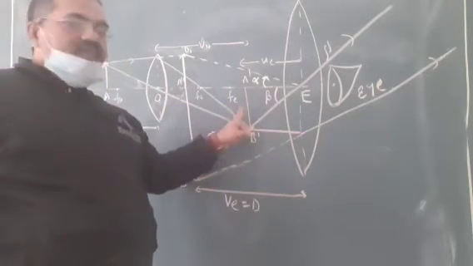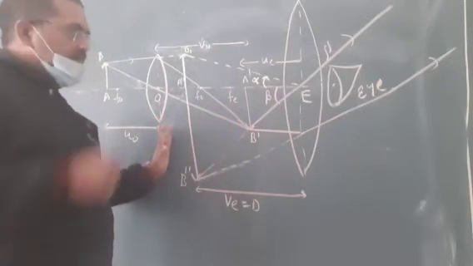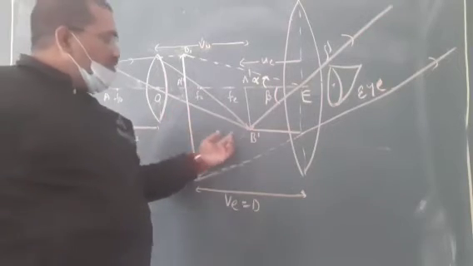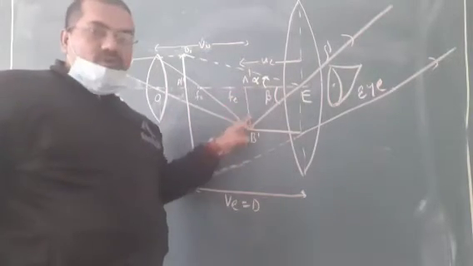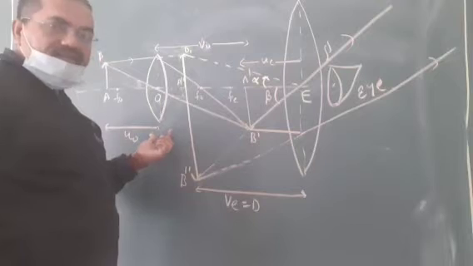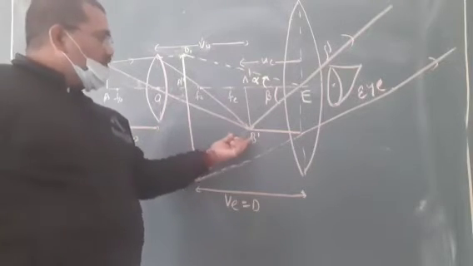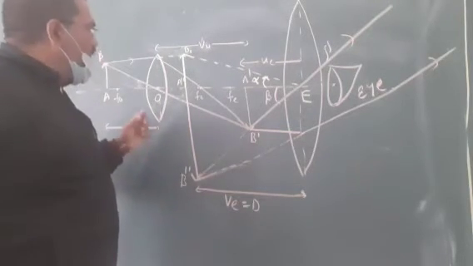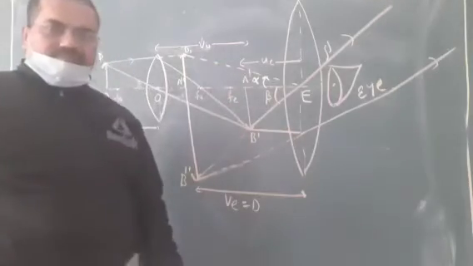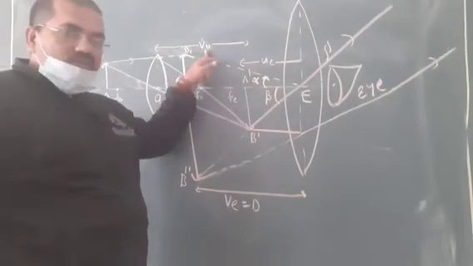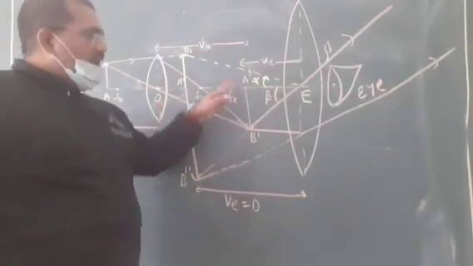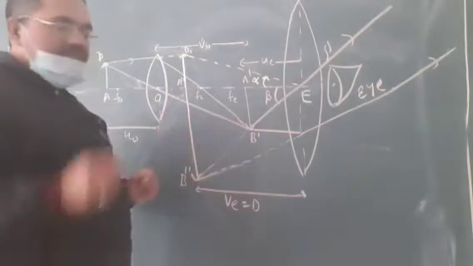This is the image formed by the objective lens, and its position is called V0.